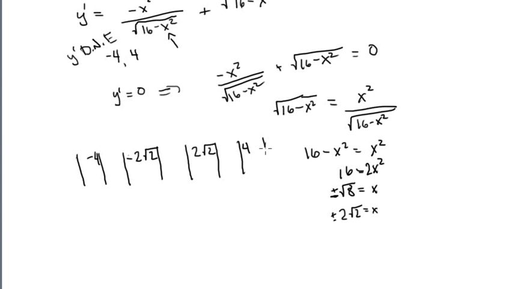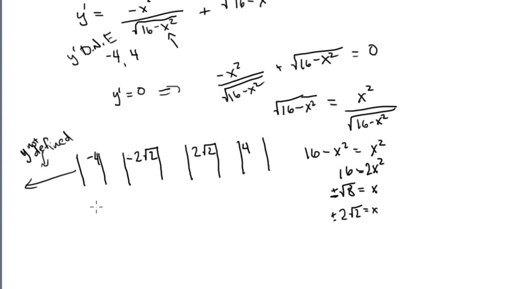So if I want to determine the intervals on which this is going to be increasing or decreasing, usually I would say that you need to take a test point of the interval that is less than negative 4, but our function isn't defined for values of x which are less than negative 4.